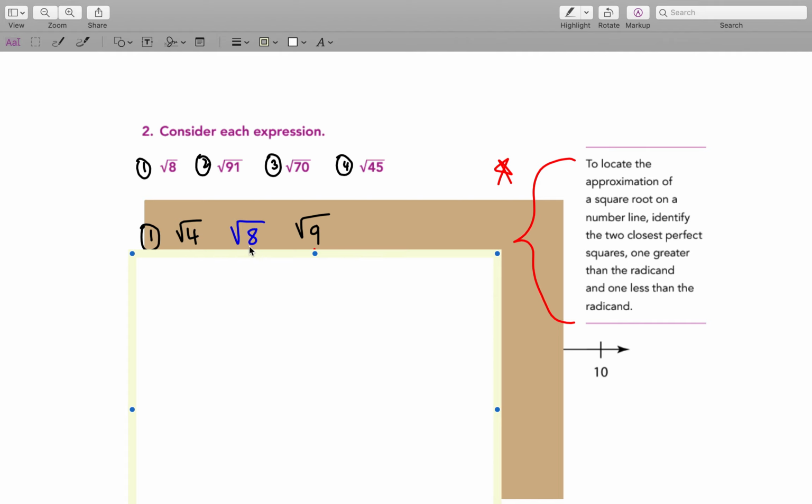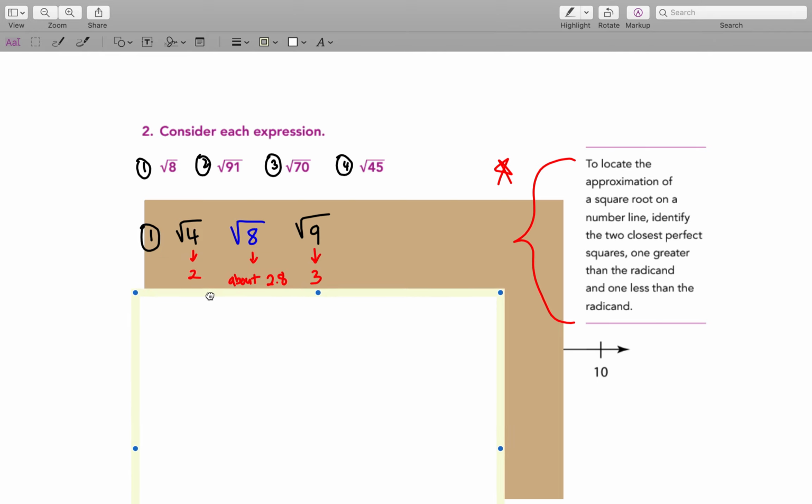We also need one that's greater than this radicand. So it's going to be the square root of 9, and 9 is a perfect square. Square root of 4 is 2, and square root of 9 is 3, so the estimation is going to be in between 2 and 3.